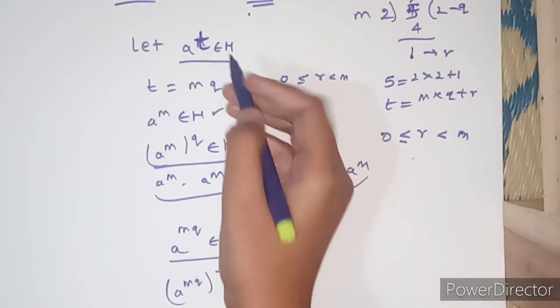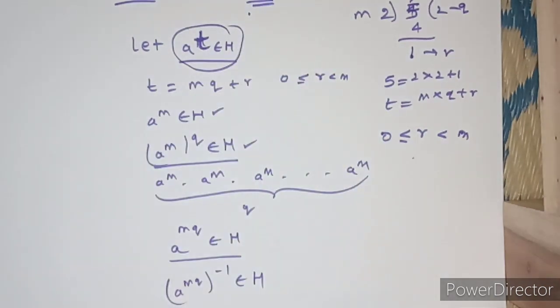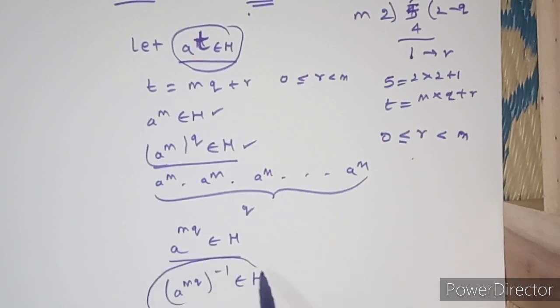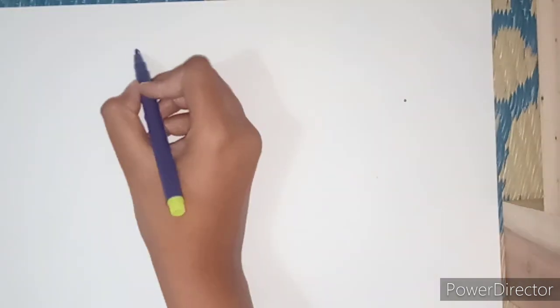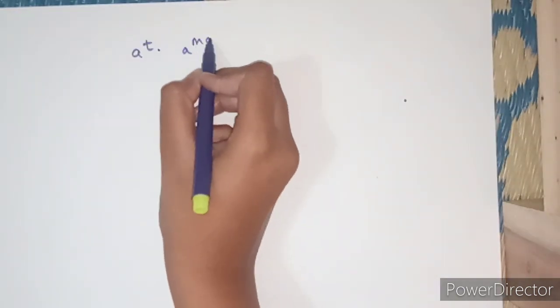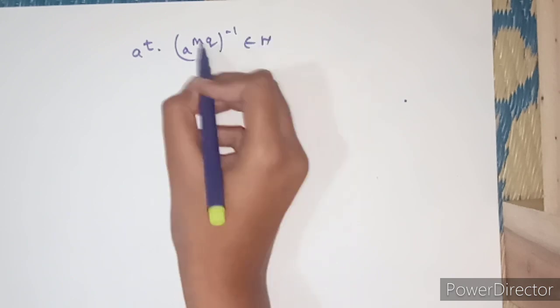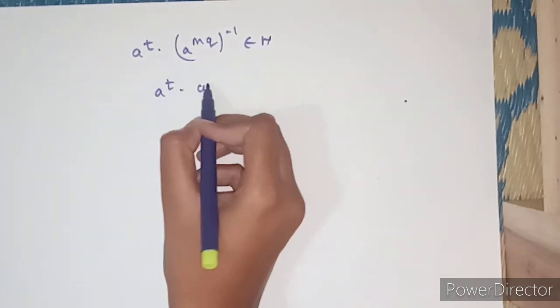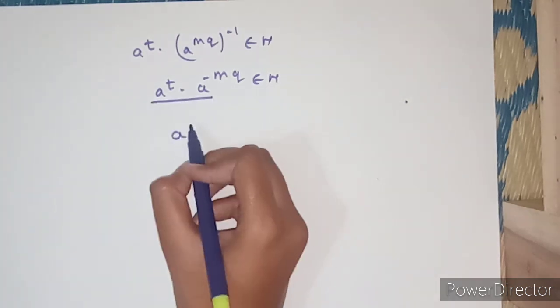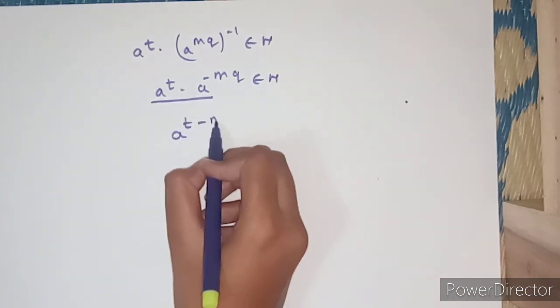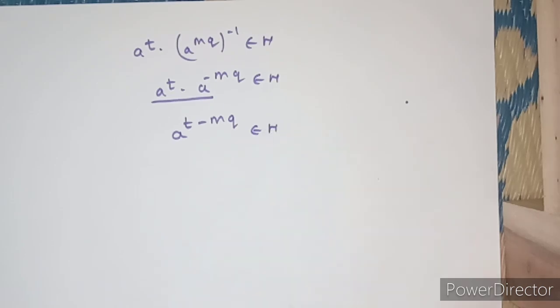Now what we have considered, a^t belongs to H, and (a^(mq)) inverse also belongs to H. Then their product also belongs to H, right? So a^t times (a^(mq)) inverse belongs to H. This (a^(mq)) inverse can also be written as a^(-mq) belongs to H. If bases are the same, powers can be added. a^(t-mq) belongs to H, right?